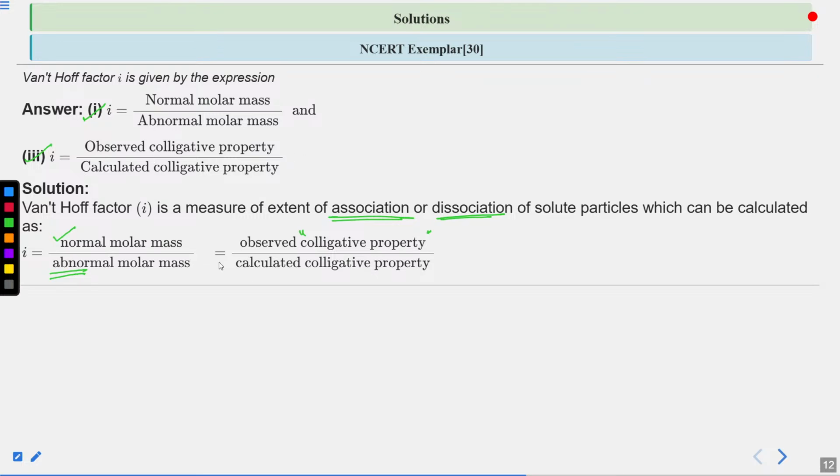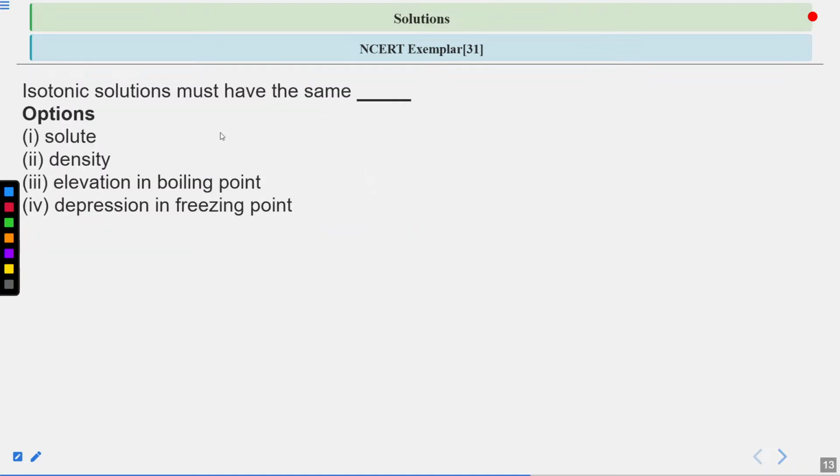Okay, let's move on to the next one. This question says that isotonic solutions must have the same what? The question asks that for the type of solution which is an isotonic solution, they have the same what? The options are solute, density, elevation in the boiling point, or depression in the freezing point.